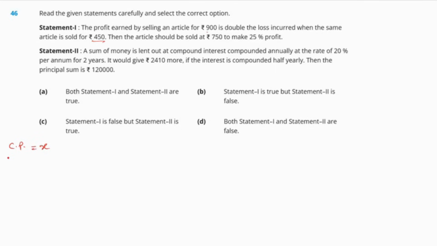So according to this, if we are going to figure out the profit, then profit needs to be SP minus CP.